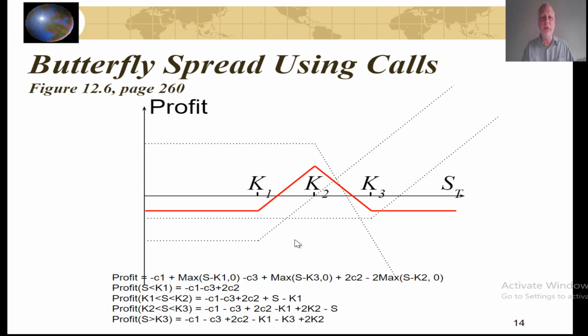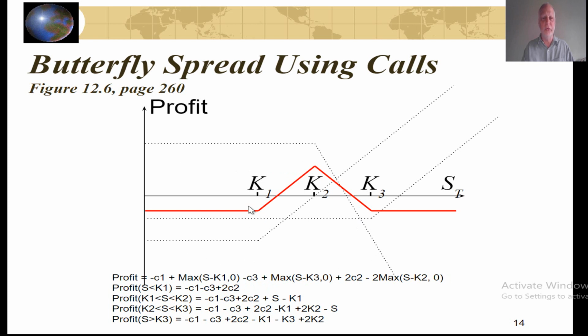The one using calls is constructed by a total of 4 different call options, going long a call at K1, also long a call with a strike price of K3, and then shorting 2 calls with a strike price of K2. This can be written out by the profit equation at the bottom.